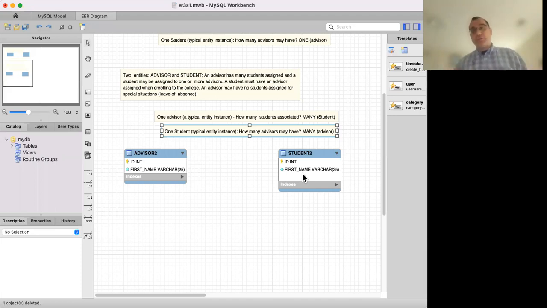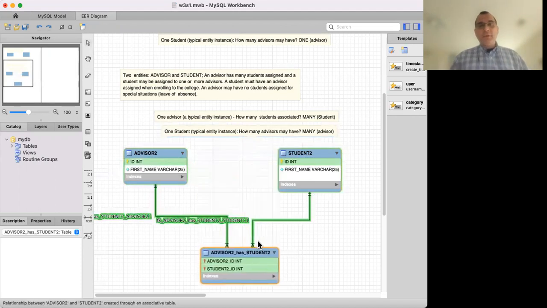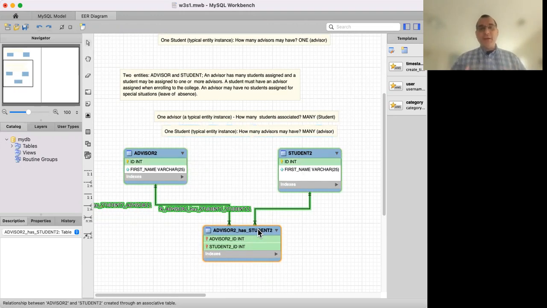This advisor, this student, this advisor, this student. So I will just keep a list of matches between advisor and students, exactly describing which advisor is in relationship with which student. So this is what the bridge is. It's something that helps me to define how they are connected.